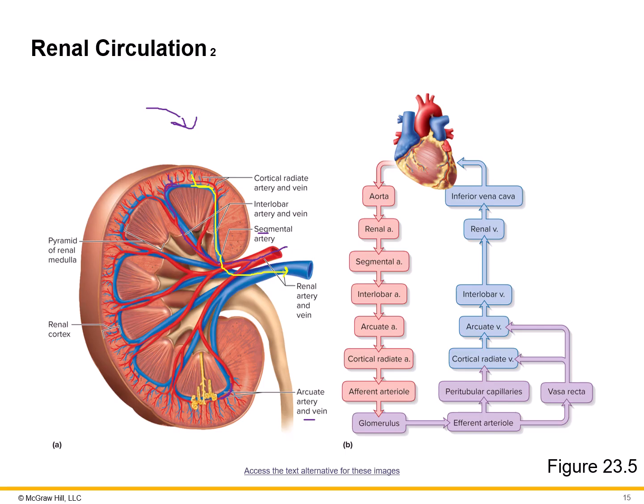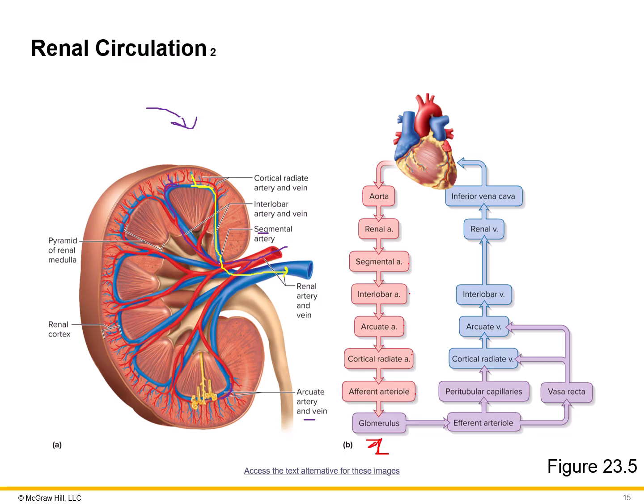Now, here's the flow, but in flowchart form. So you can see all the way from the heart. We start with the aorta, renal artery, segmental artery. Then we got our interlobar, arcuate, radiate, afferent arteriole, first capillary bed.